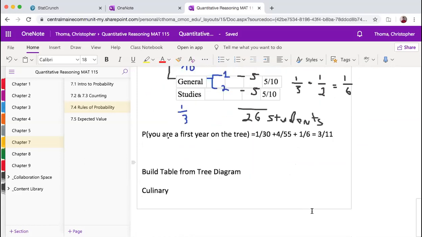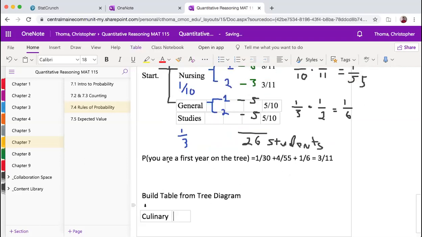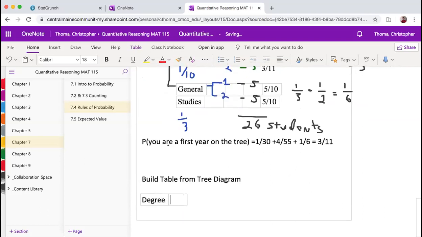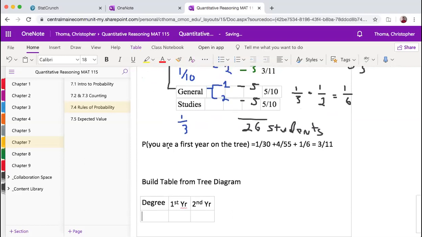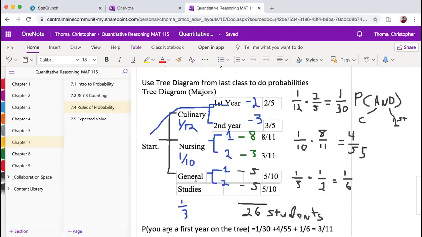I'm going to put tabs in here. No, I'll do this, sorry. I want degree, first year, and then second year. And then we can do culinary. And then, how many do we say was in the first year? 2 and 3.